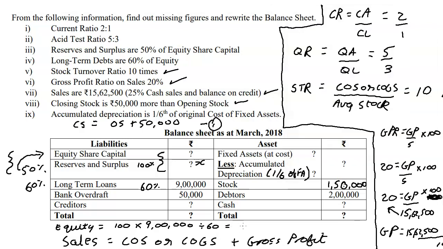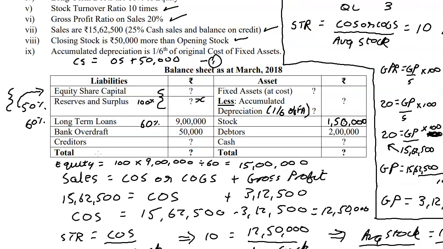But that 15 lakhs is your full equity. What you need is the amount that will go for equity share capital and reserves and surplus. And since they said it's going to be 50%, reserves and surplus is going to be 50% of equity share capital. So we can again write this down.